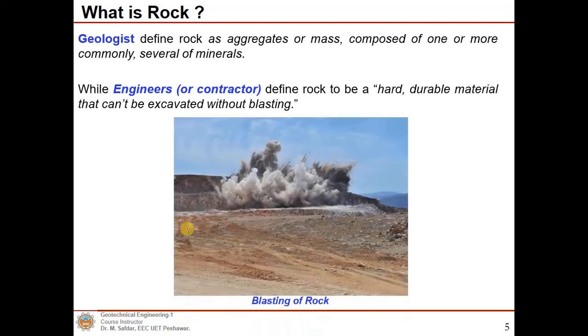Because when you are building a structure, constructing an embankment, or cutting a rock and dealing with slope stability issues, blasting will cost time as well, and it will also require finances.